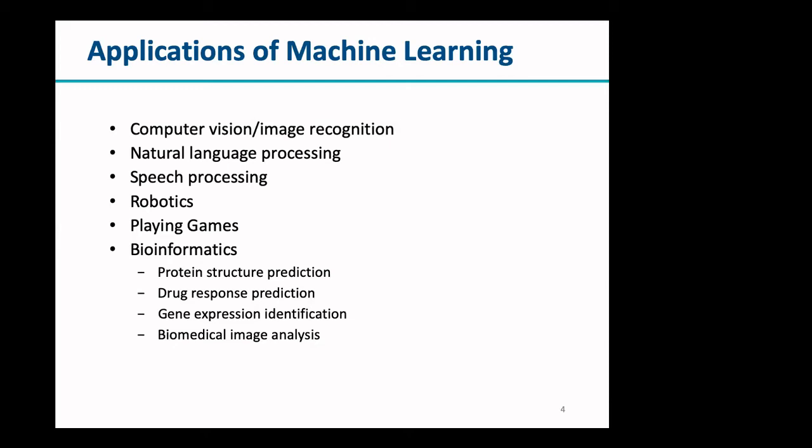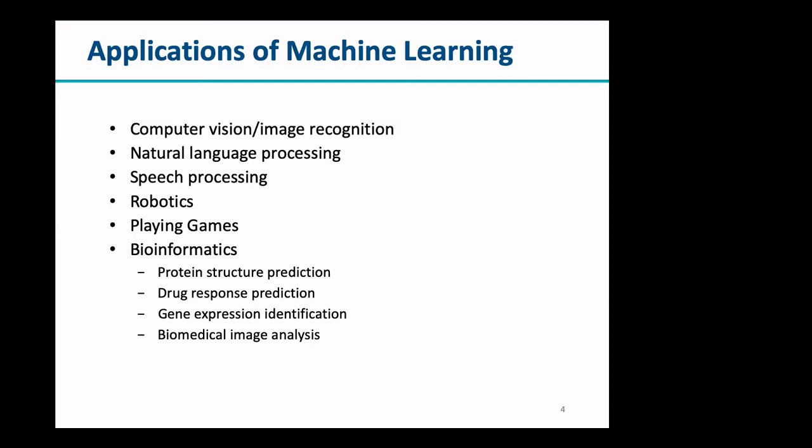And of course, bioinformatics is the most important application area for your research. In bioinformatics also, we have a huge variety of machine learning methods used for protein structure prediction, for drug response prediction, for gene expression identification, even for gene expression prediction, for extracting gene regulatory networks.